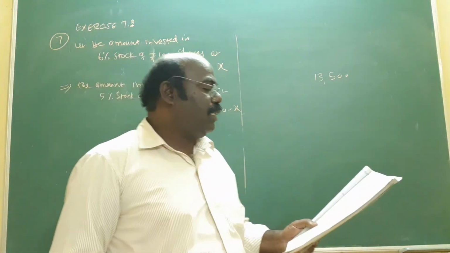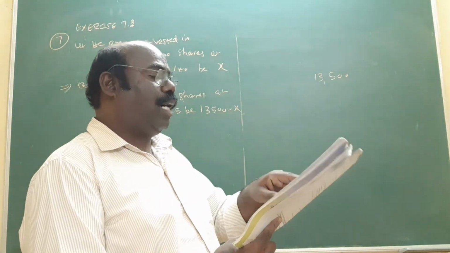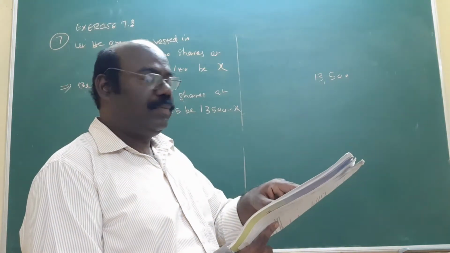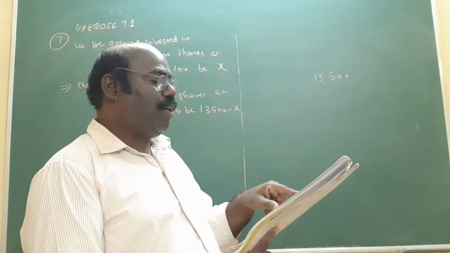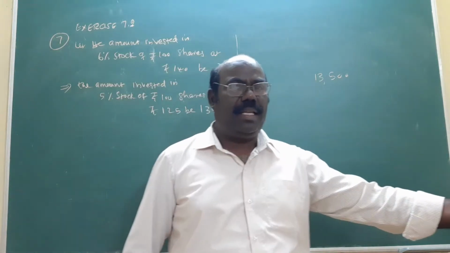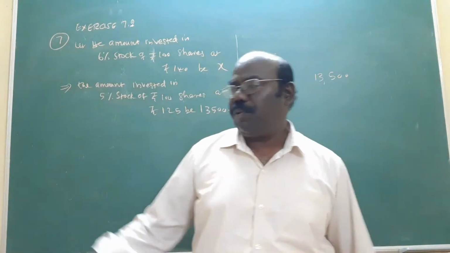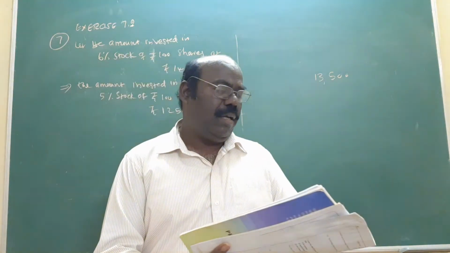The first one is partly invested in 6% of 100 shares at rupees 140. Another company is 5% of 100 shares at 125. Am I right? If we invest in the first company, we get some income. For the second company, we get some income. Total income is given.